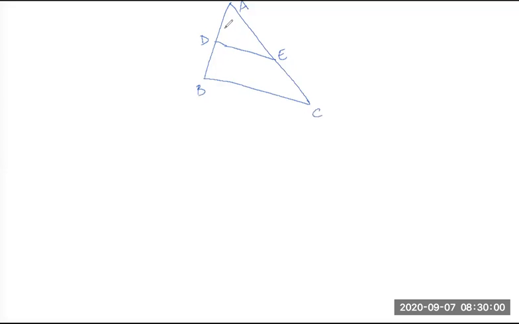So let us say this is 2, this is 4, let's say this is 3, this is X. Now my question is, what is the value of X so that DE is parallel to BC? Can anyone tell? 6. Correct.